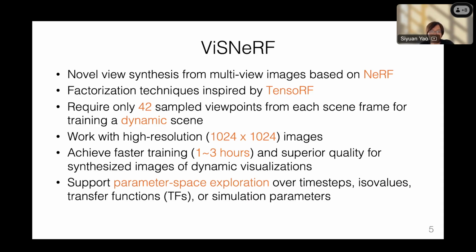We achieve faster training speed, taking only 1 to 3 hours, with superior generation quality. And we support parameter space exploration over time steps, ISO values, transfer functions, and multiple simulation parameters.